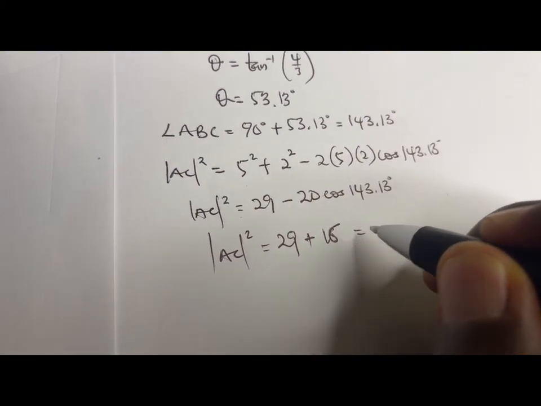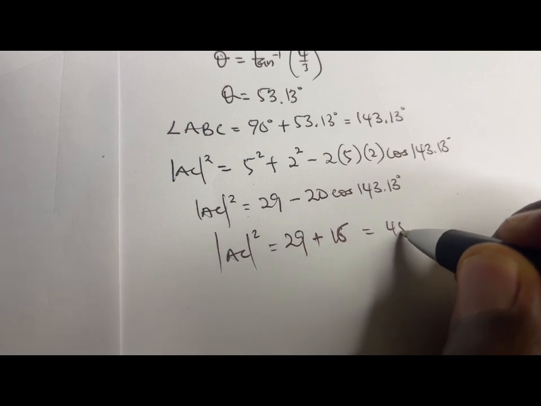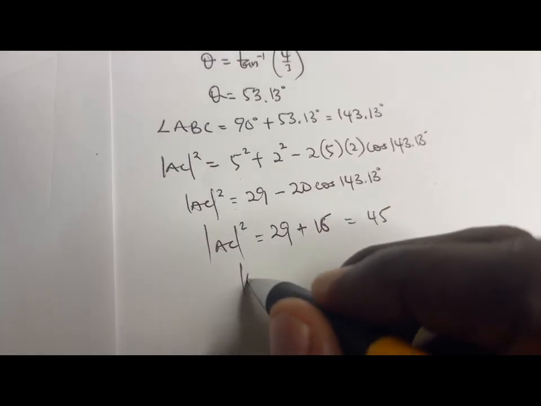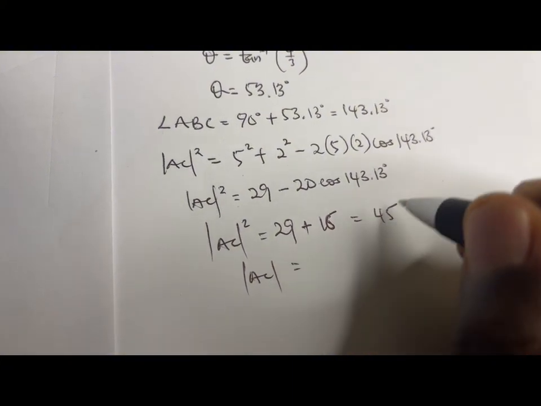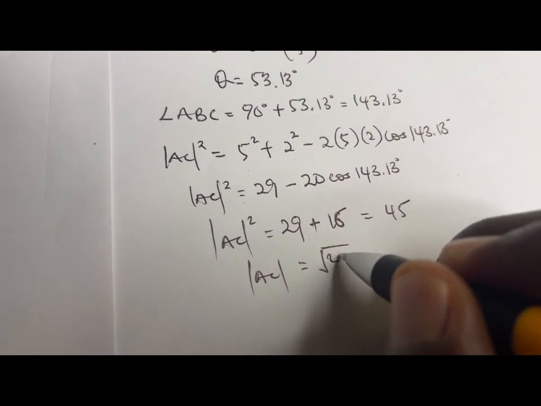So this should be equal to 45. So AC should be equal to the square root of that, so square root of 45.